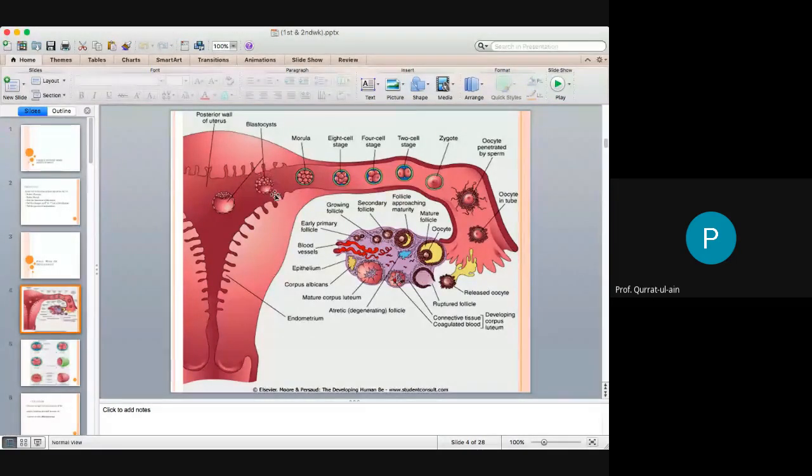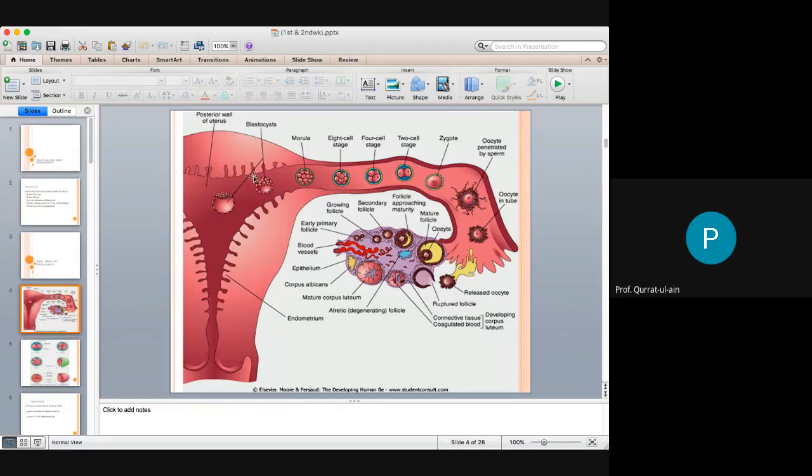The cell number is increasing, and they are arranging themselves into groups. Now as the fluid moves in, a small cavity is created inside, and that cavity is known as the blastocyst cavity. And the cells are arranged into groups.